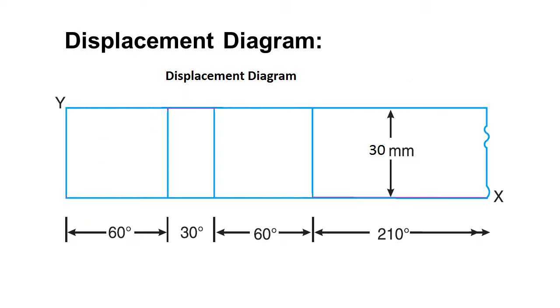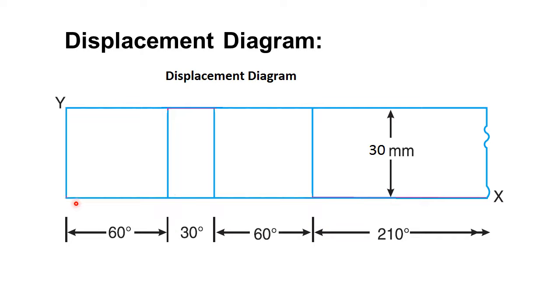First, before drawing the cam profile, we will draw this diagram, what is called a displacement diagram. This displacement diagram will give us at what angle of rotation of cam the follower will be at which position, at what height from the center of cam.